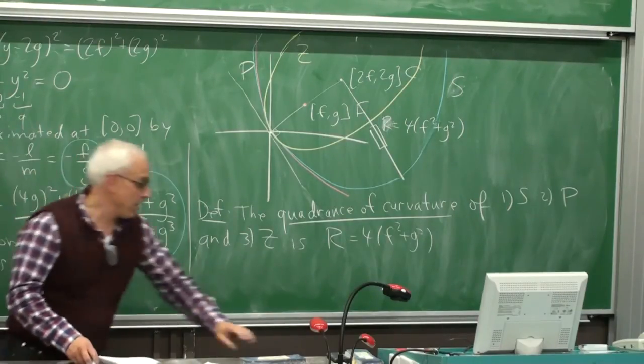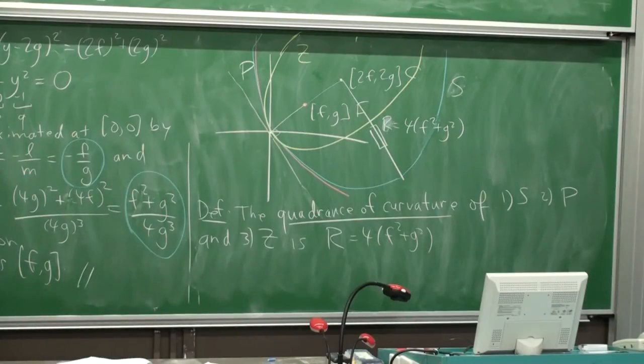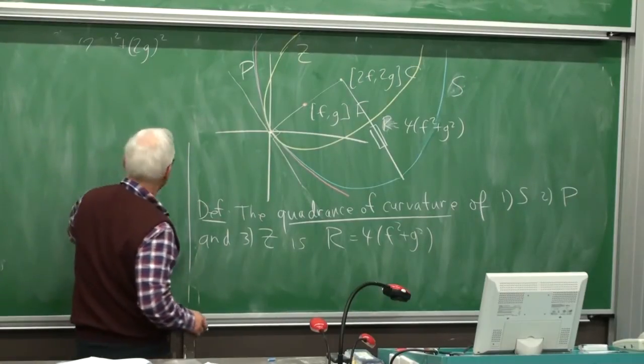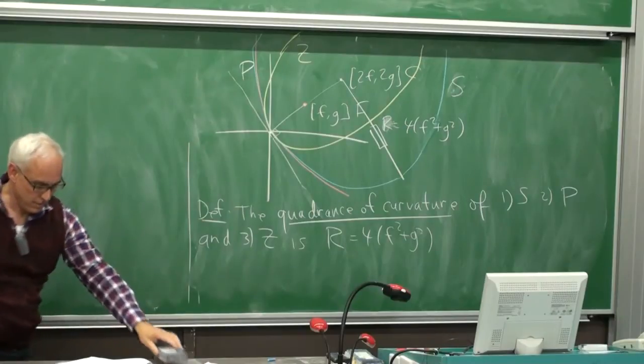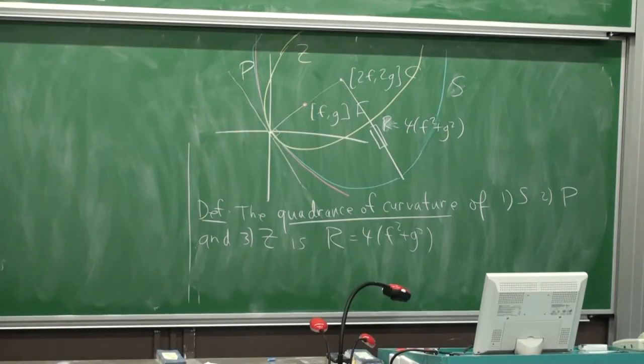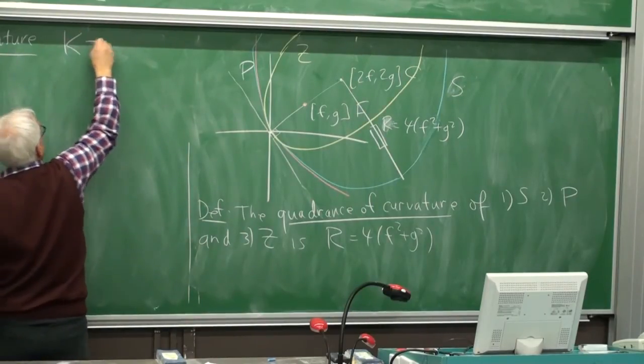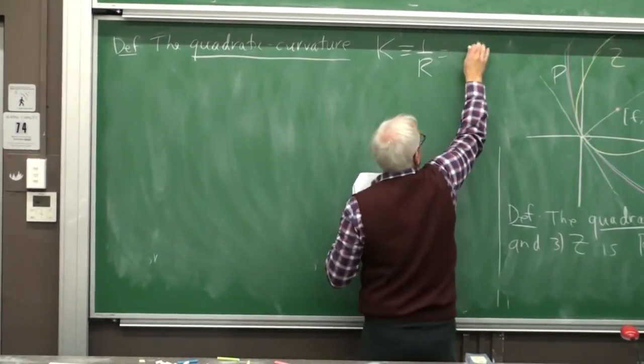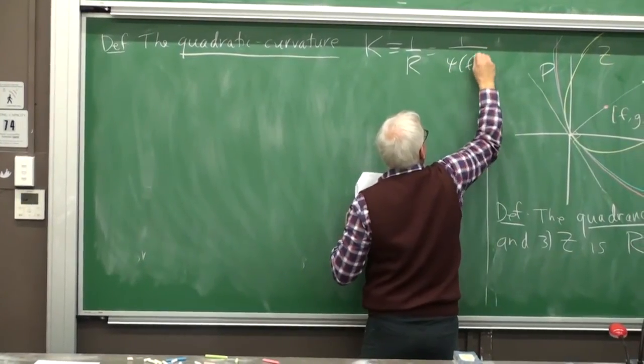And then some closely related definitions. The quadratic curvature. Maybe I'll put a little hyphen in there, to make sure that we're aware that it's something a little bit different from the usual curvature. We're going to denote it by capital K, and it's by definition 1 over capital R, which is 1 over 4 times f squared plus g squared.